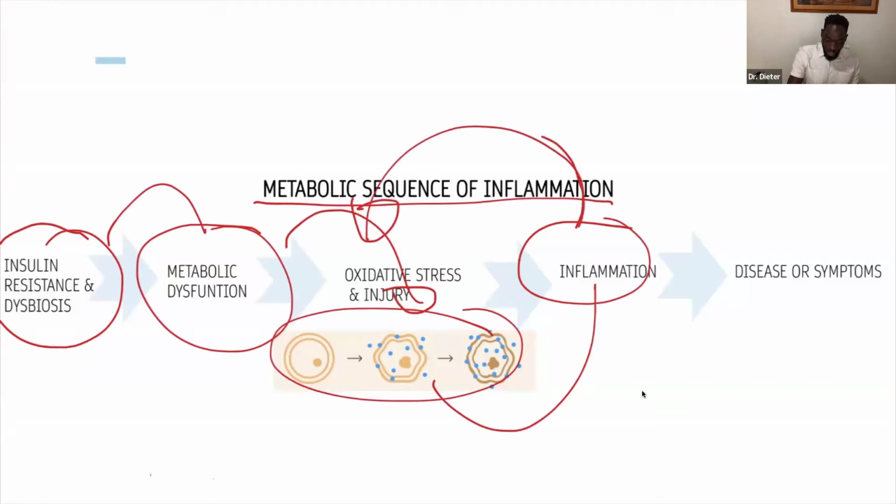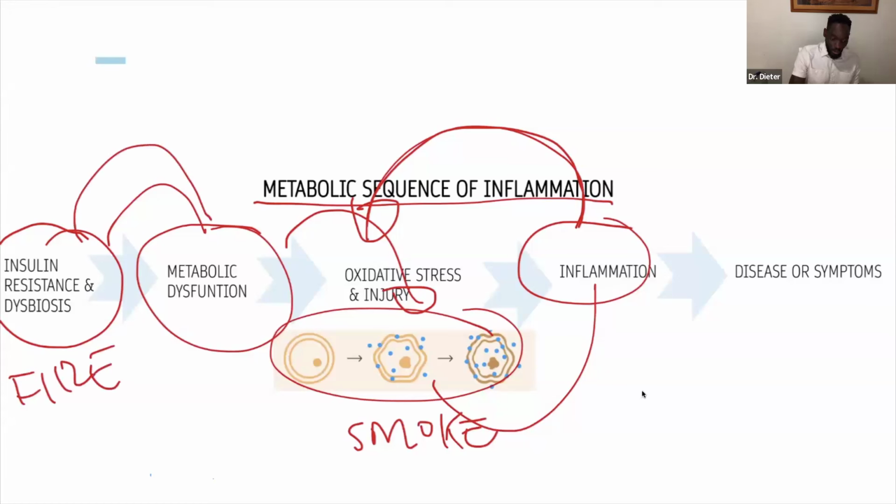But when it deploys that inflammatory response to help the cell, it's finding smoke in the cell, not fire. The fire actually started two houses ago, when insulin resistance spread to metabolic dysfunction in the cell. So the immune system is not able to take care of the problem.